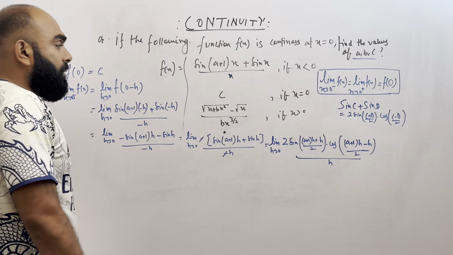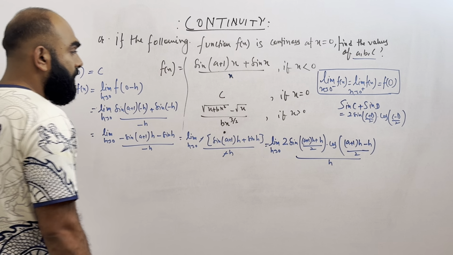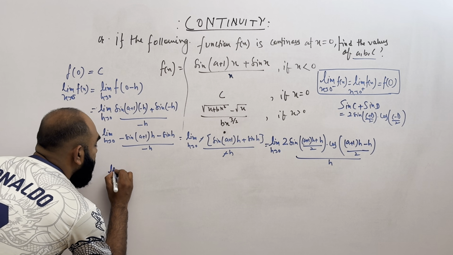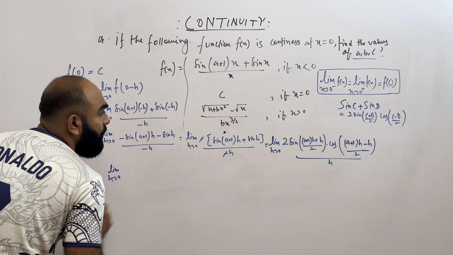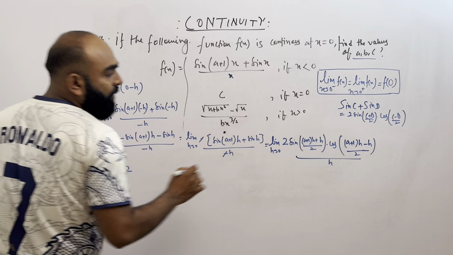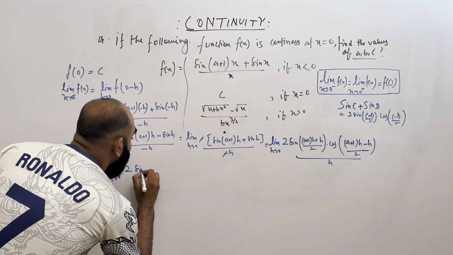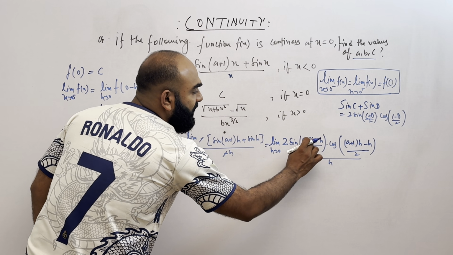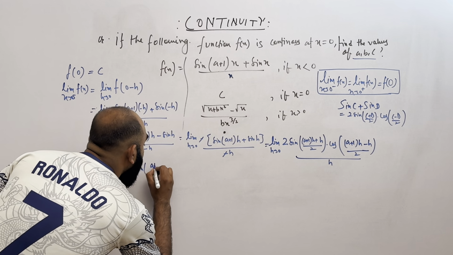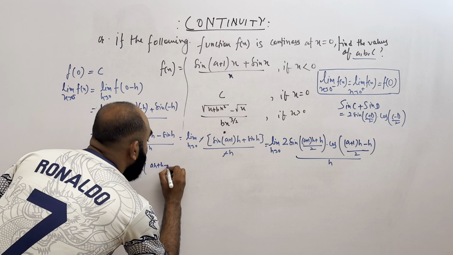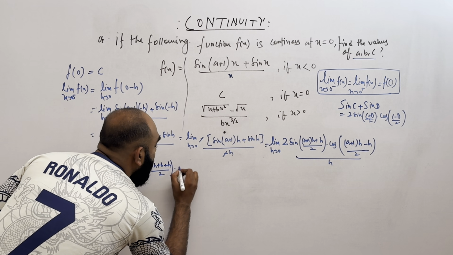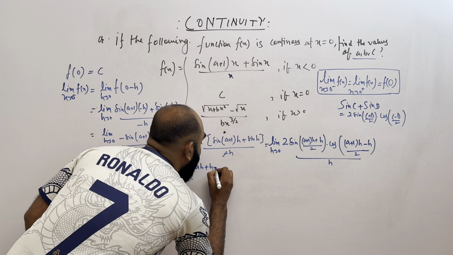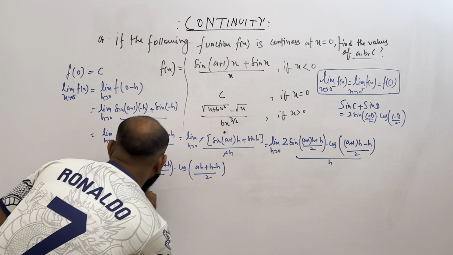What will be open here? The limit as h tends to 0 of 2 sin, and inside, (a plus 1) into h, so a h plus h plus h, divided by 2, into cos of (a h plus h minus h) divided by 2, divided by h.